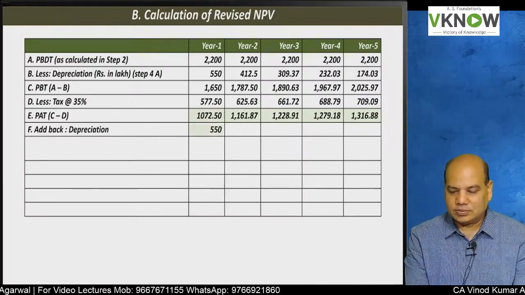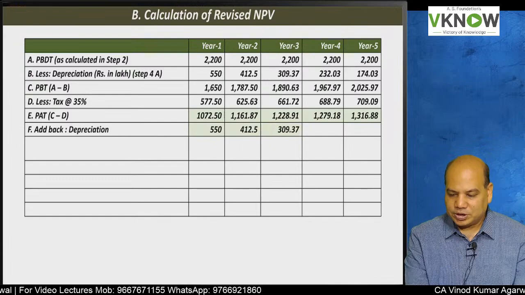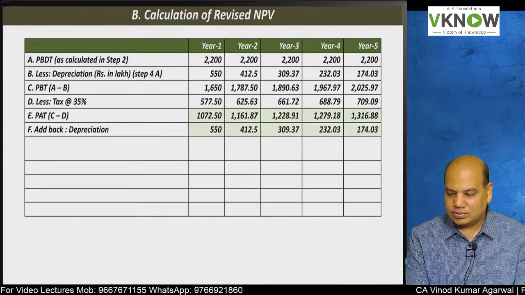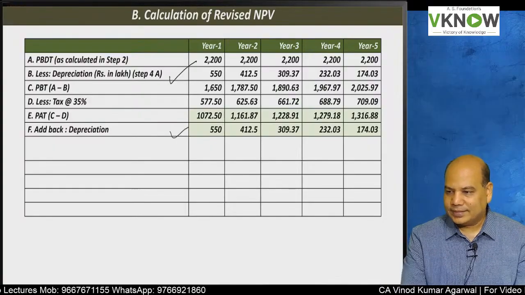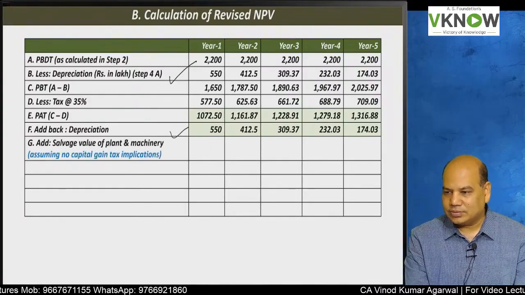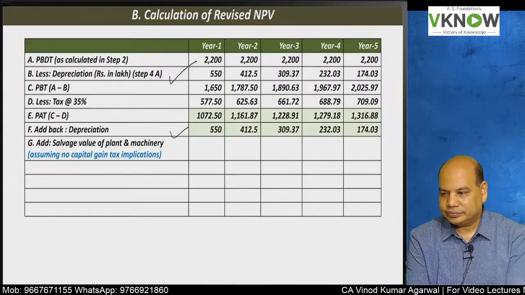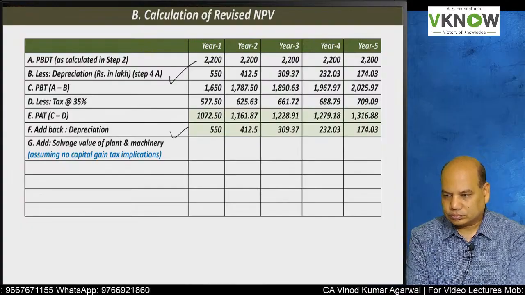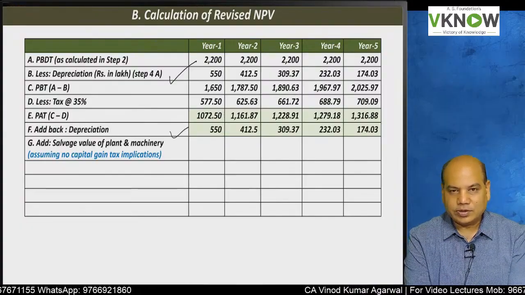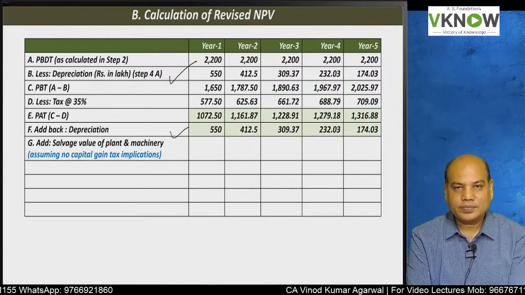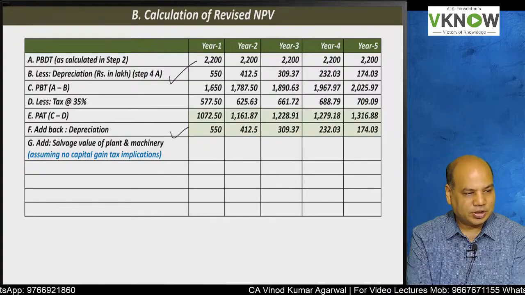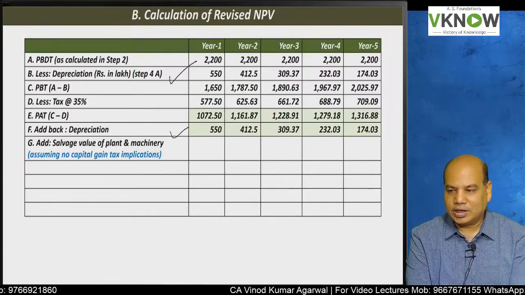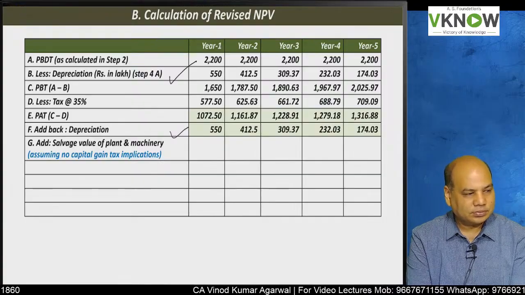Add back depreciation, same number, same line copy here. Then write down add salvage value of plant and machinery, in bracket write down assuming no capital gain tax implication.